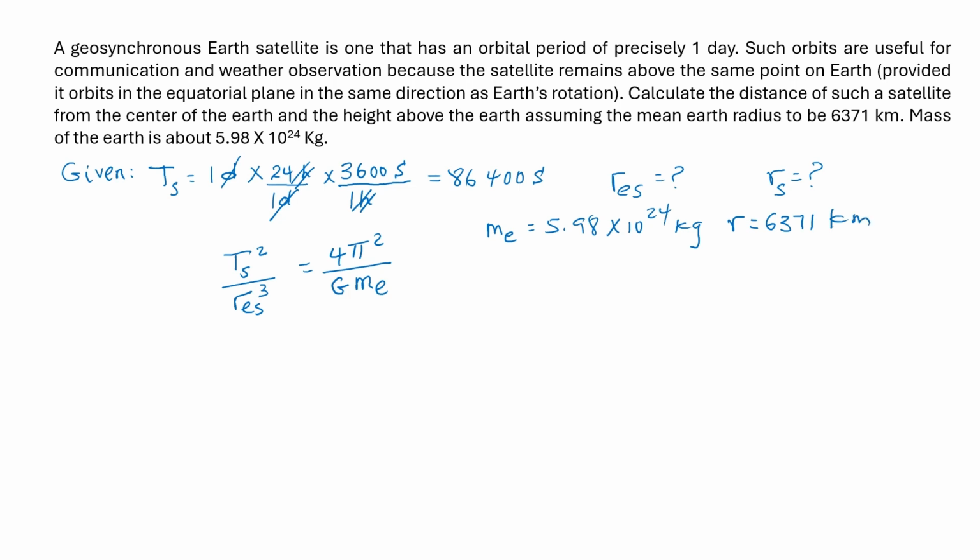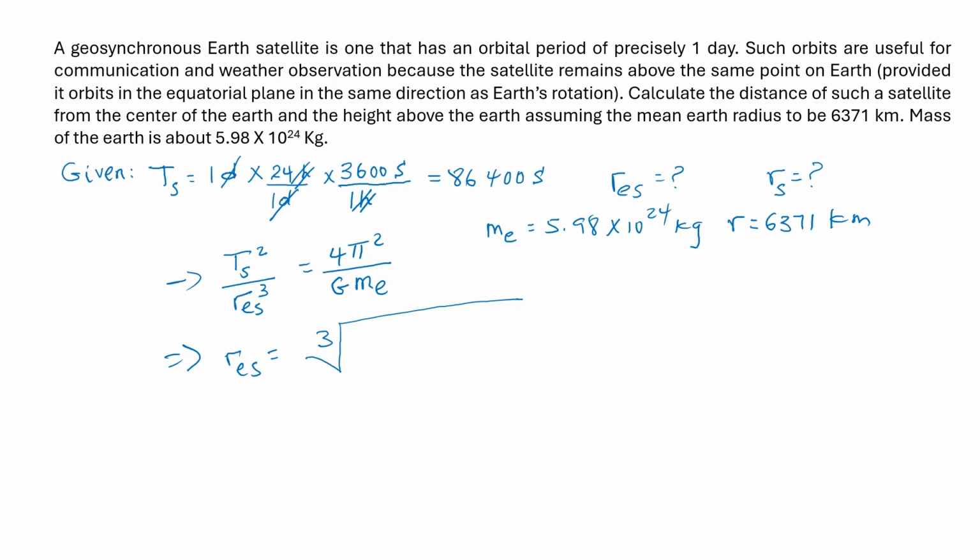Alright, coming back to Kepler's third law, we can rearrange the equation such that R be on one side, everything else on the other side. So now this can be rewritten as R_S equals the cubic root of, multiplying both sides by GM_E and dividing by 4 pi squared.